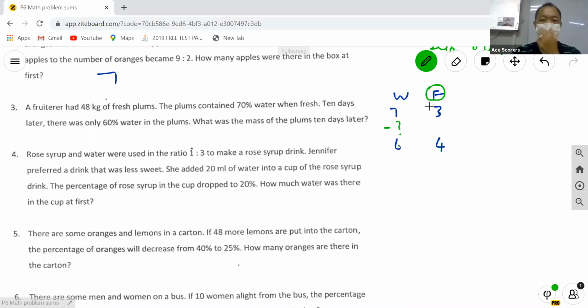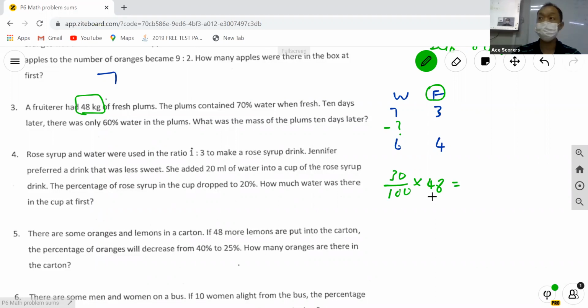So let's take a look. This is 30%. Now 30% means 30% of this, right? 30% of 48 kilogram. What is 30% of 48 kilogram? We take 30 over 100 times 48. What do you get?